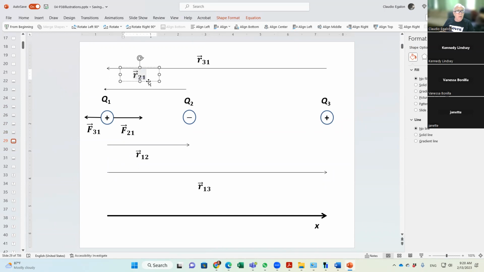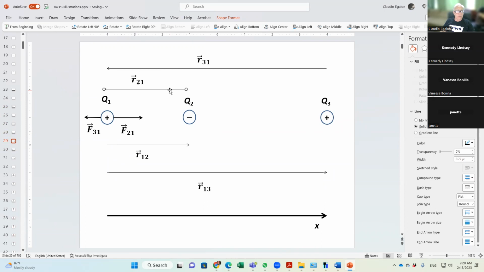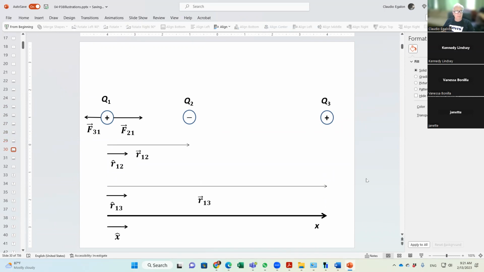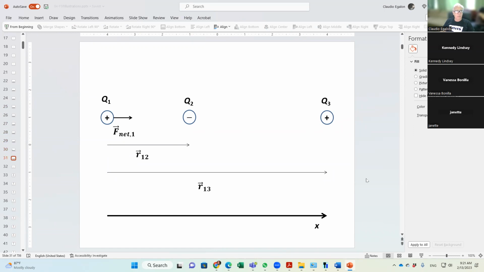Because this charge is negative, this force here is going to have a direction opposite to this vector position. And then we finally have this net force right here.